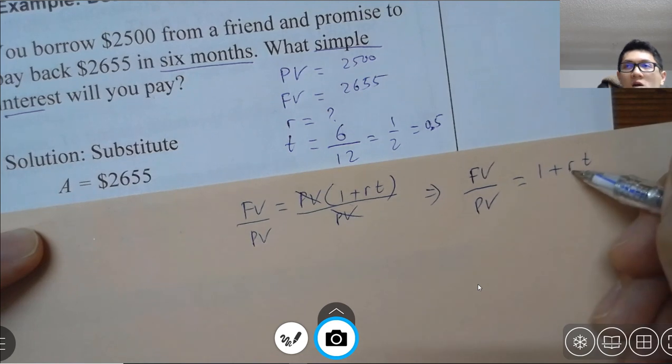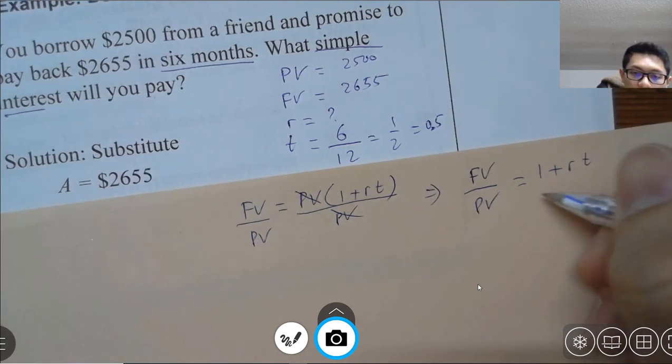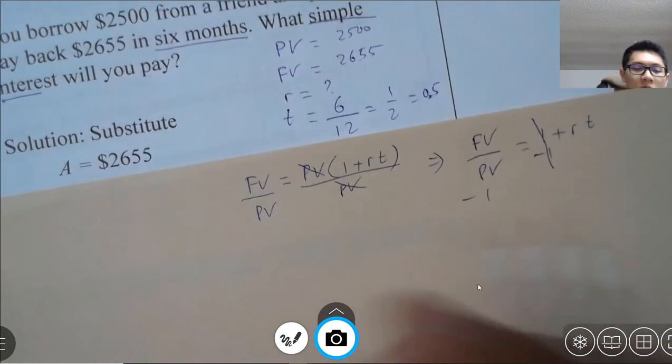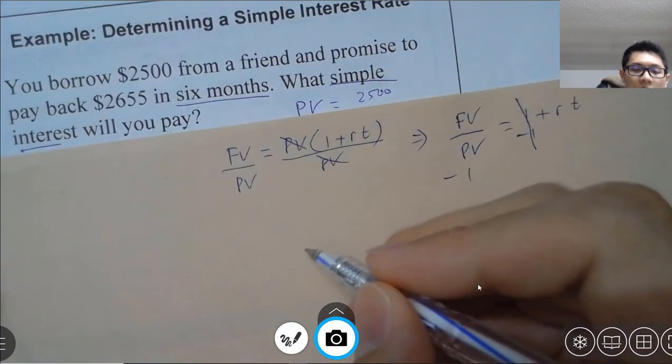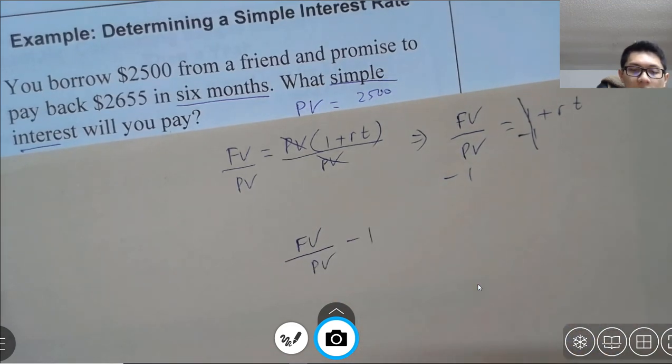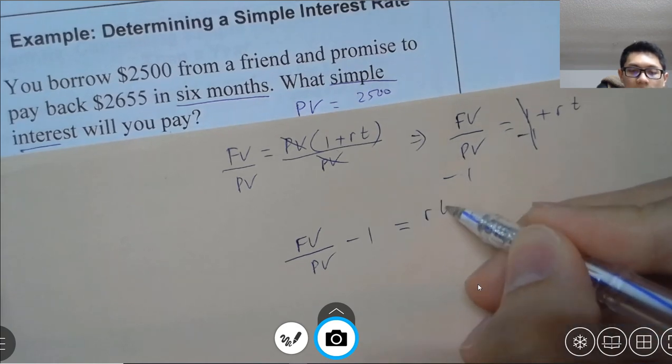I'm solving for R, so I need to subtract 1 on both sides. The 1s cancel out. I get FV divided by PV minus 1 equals RT.